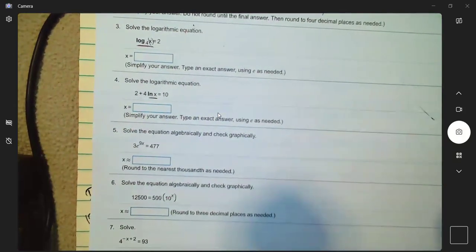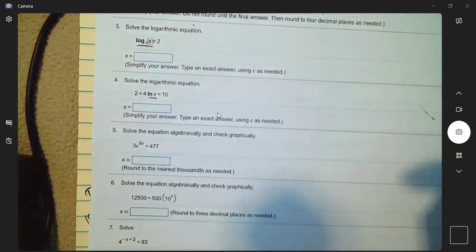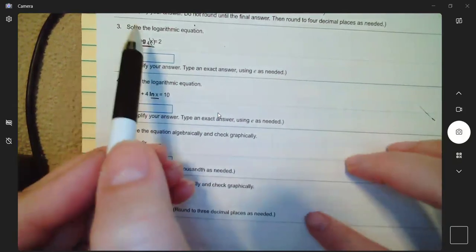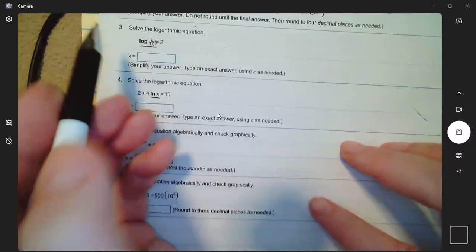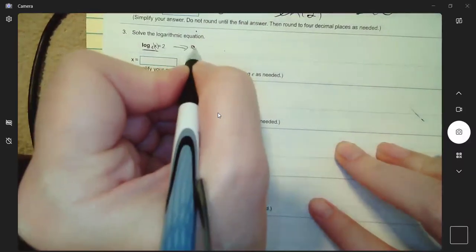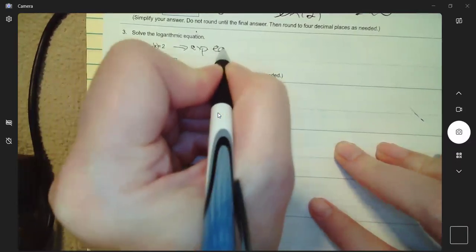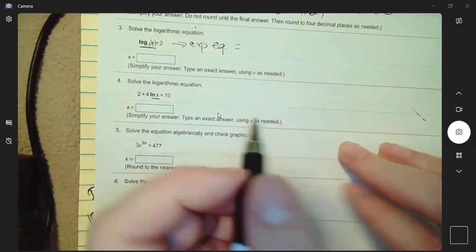And then there are a couple of choices, but I'm going to go with converting it over to its exponential equivalent. Now this one doesn't have any multipliers out in front, so it's good to go ahead and convert. I'm going to convert over to its exponential equation, which I had just done on the intro sheet.